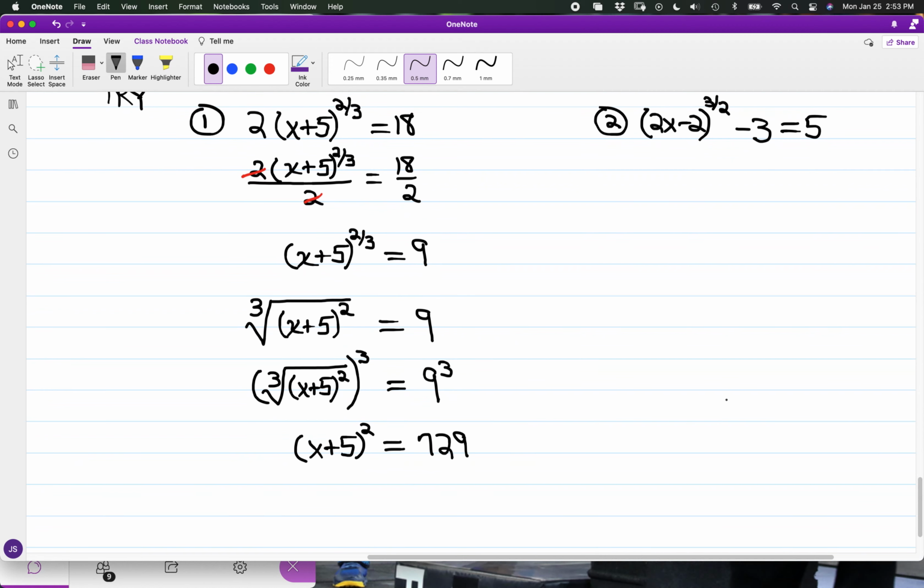And for the square of x plus 5, because I have an expression to the 2nd power equal to a constant, I can go with the square root property of equality as one pathway. So we have the square of x represented by the square of x plus 5 and p represented by 729.